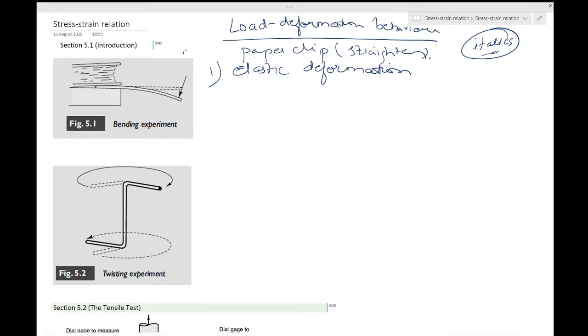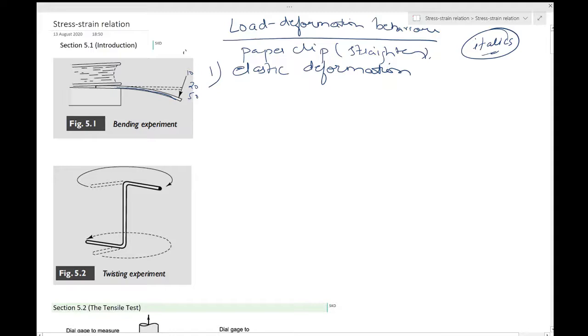Now let's conduct another experiment. In this case, you again load this wire, and note that the greater deformation requires a greater load. Now you apply, say, a force of magnitude 10 units, and it will deform like this. After removing the force and letting it come back, you now apply a force of, say, 20 or 50 units.